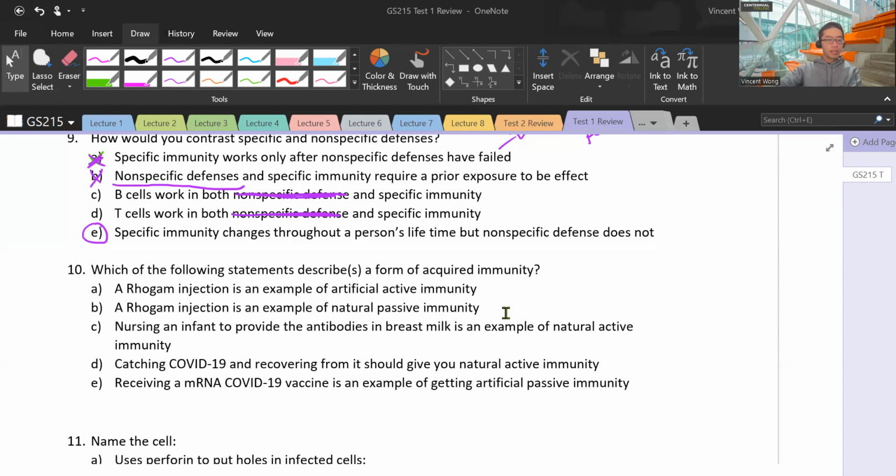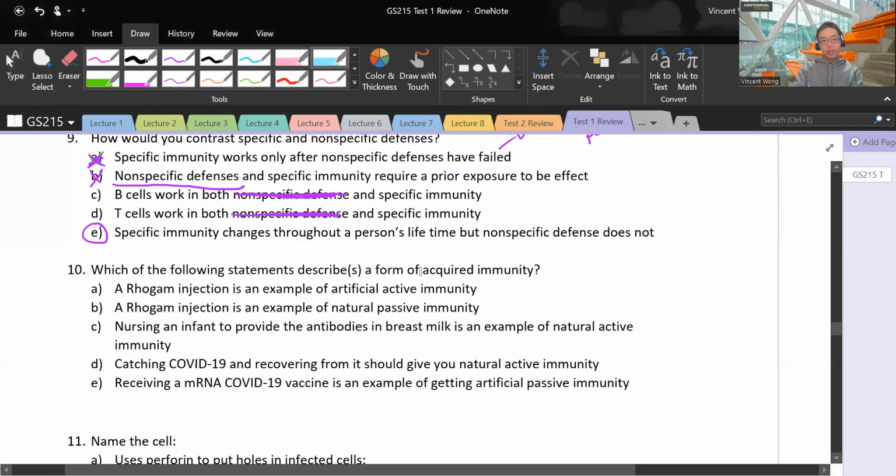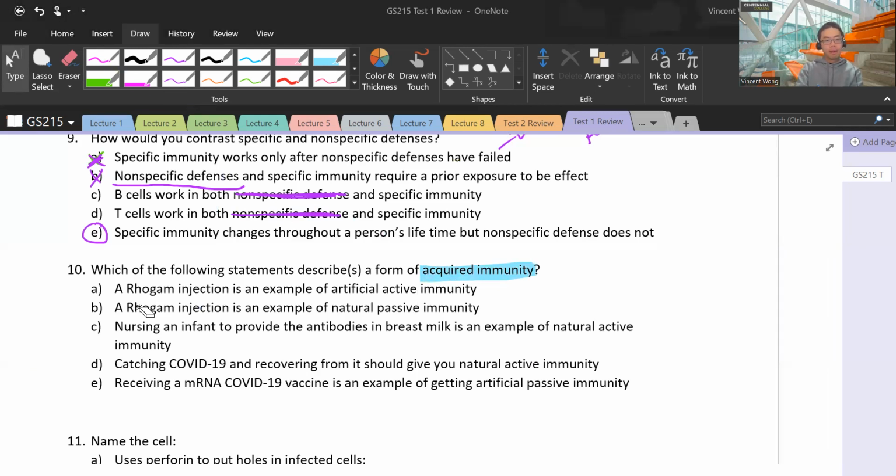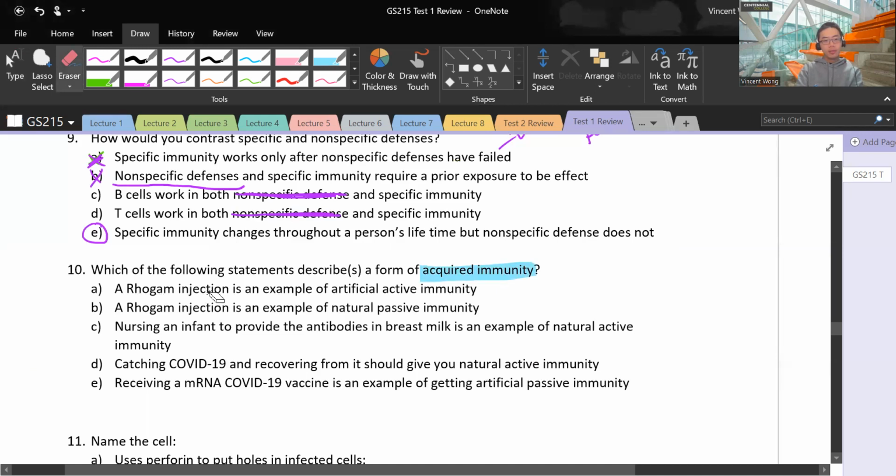All right, this one's kind of all over the place. Let's take it up. Which of the following statement describe a form of acquired immunity? Okay, so acquired immunity means you have to catch it, right? Okay, so let's see. A RhoGAM injection is an example of artificial active immunity.